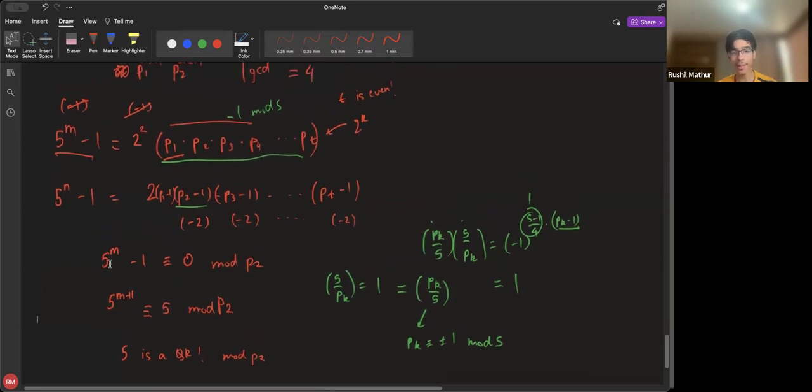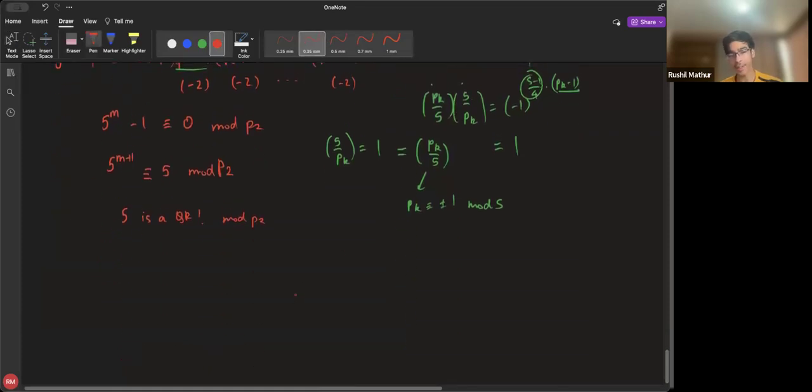In general, one place where you definitely want to use QRs is when you have squares. I think the other thing worth remembering is that if you ever have a to the b minus 1, it's worth checking whether b is odd or even.